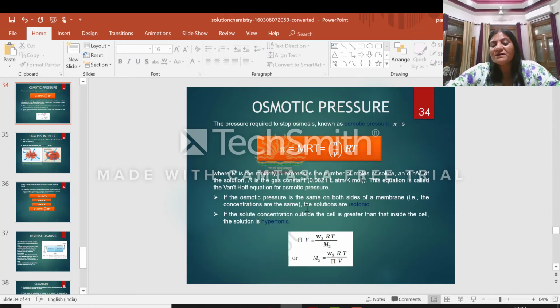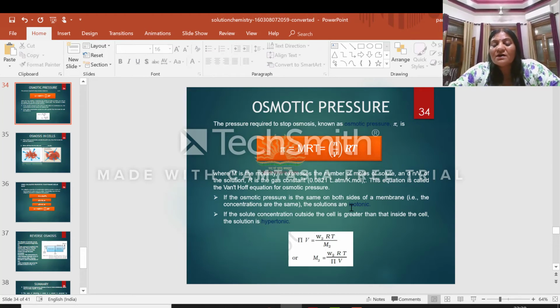If the osmotic pressure is the same on both sides of the membrane, that is the concentrations are the same, the solutions are called isotonic solutions. When the osmotic pressure in the two solutions is the same and these solutions are separated by the semi-permeable membrane, then there is no flow of the solvent particles from any solution to the other solution, because both have the same concentration.